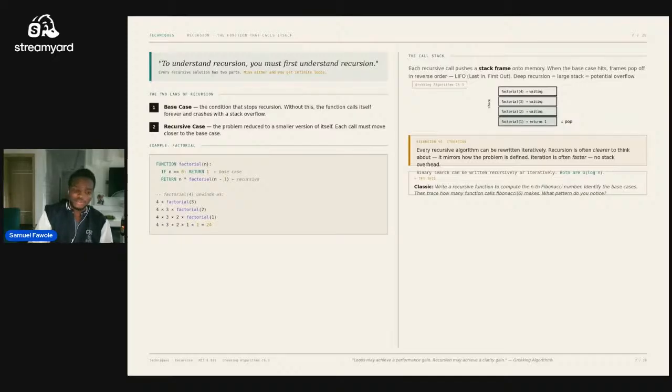So, for instance, some of us know factorial. So, what is factorial? In mathematics, you say n multiplied by n minus 1 multiplied by n minus 2. Programmatically, it is n multiplied by the factorial of n minus 1. But in English, they tell you, when you're defining something, it's like me saying, what is culture?